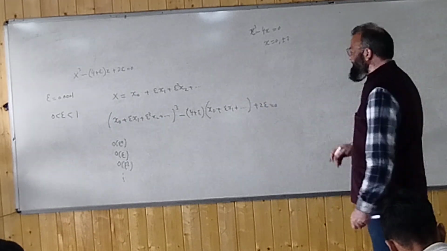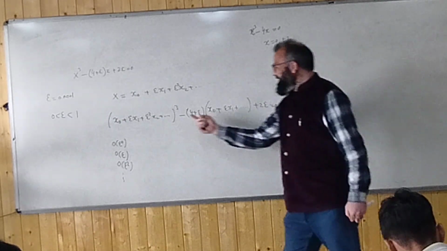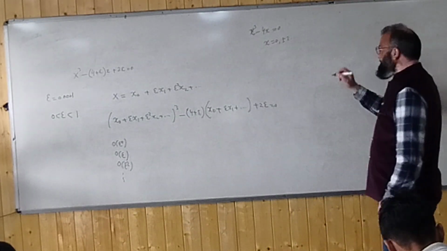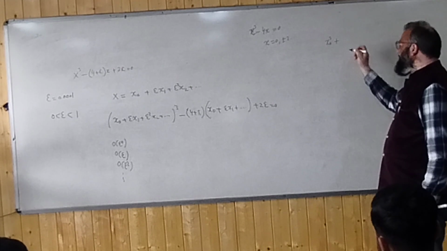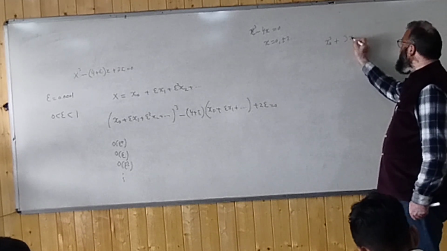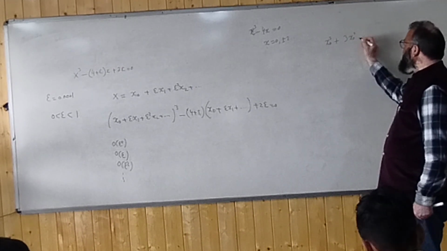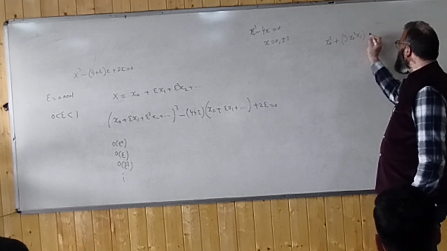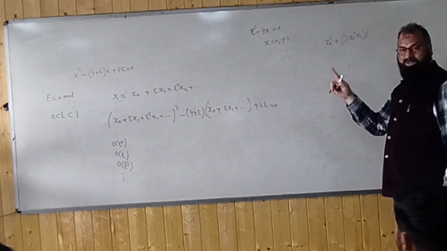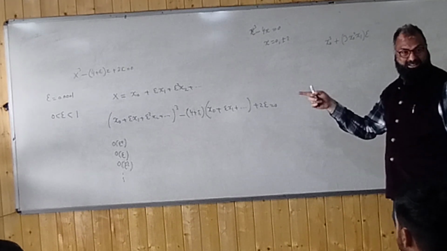So let's expand it. Put x0 plus epsilon x1, cube it. What is the first term? x0 cube. What will be the other term? 3x0 square, then you are having x1, so it will be of the order of epsilon. Other terms will be of order epsilon square. Is it?